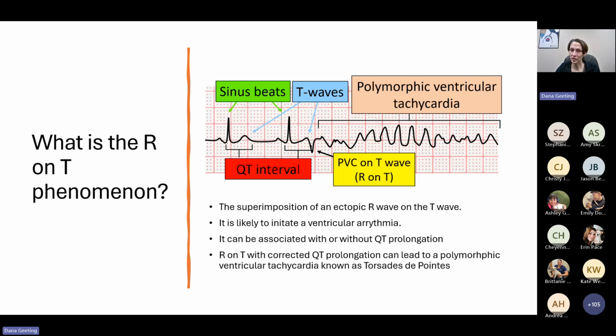But up here, you can see the polymorphic ventricular tachycardia, where it kind of looks almost like a wet noodle, all squiggly and not really uniform like regular ventricular tachycardia.